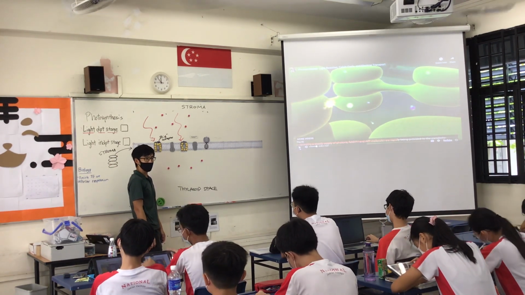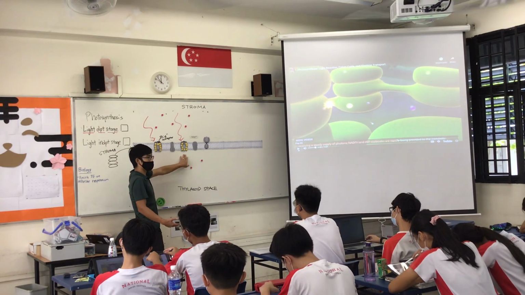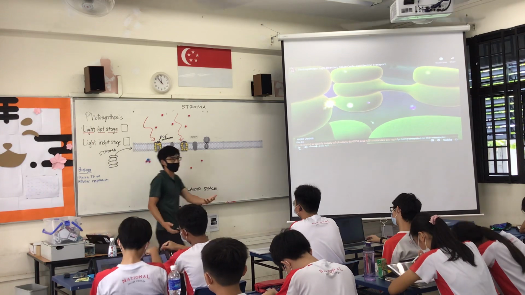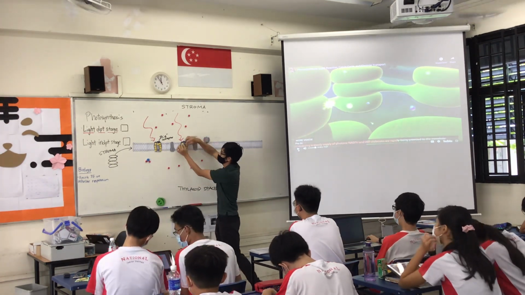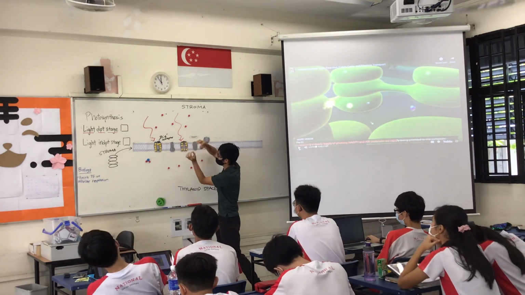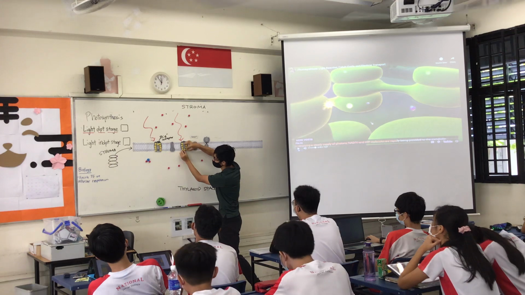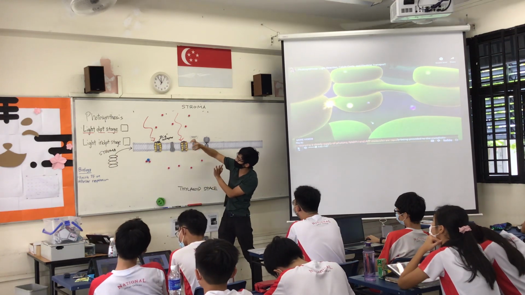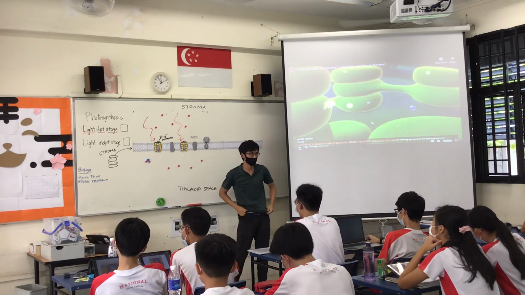Simple, right? The same thing happens at all the photosystems. This photosystem over here will experience the same thing. So, again, excited, excited, excited, and as it goes back down, it's going to transfer all the energy to this electron, and it's so excited it will jump out of the chlorophyll into the primary electron acceptor here.